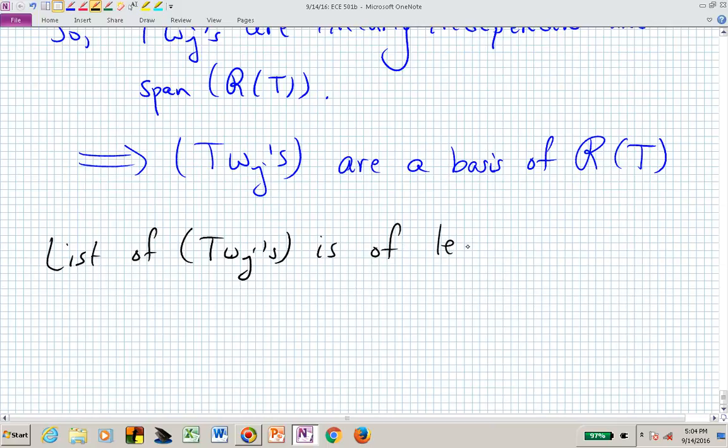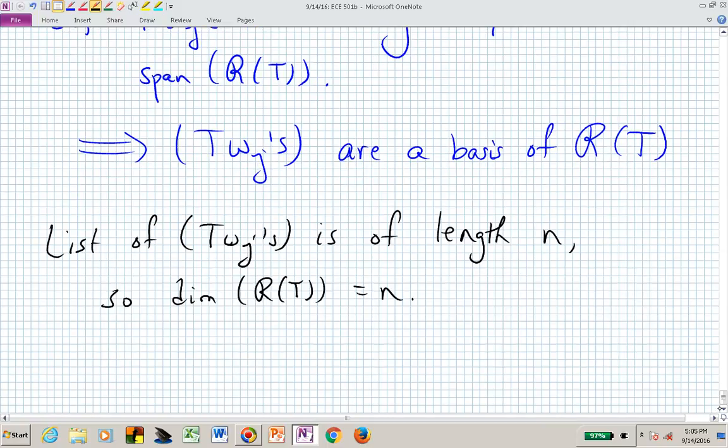What is its length? If we counted each of those vectors, TW1, TW2, up to TWn, it's of length n. So now the dimension of that range space of T is n. Yes, that's what we wanted.